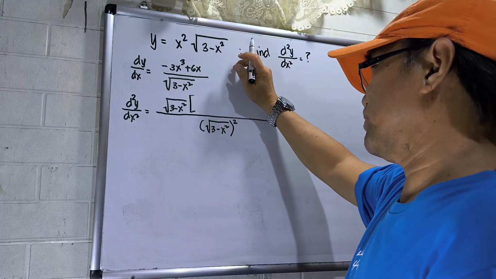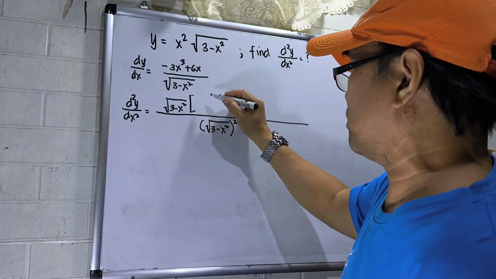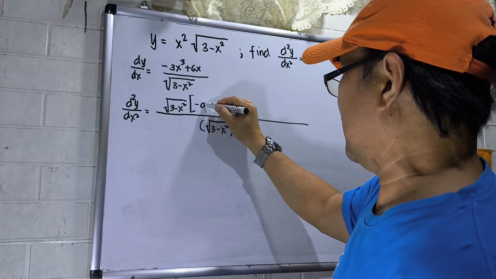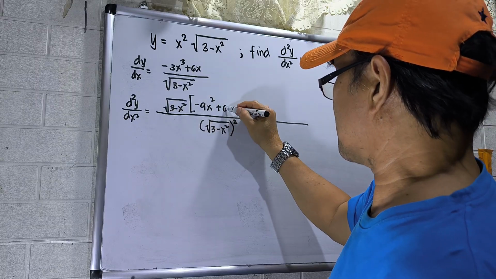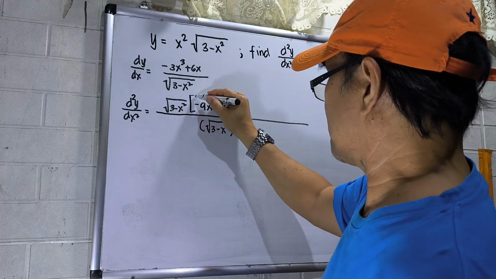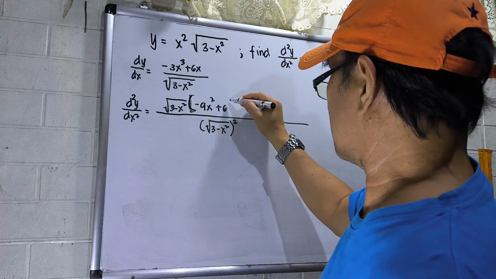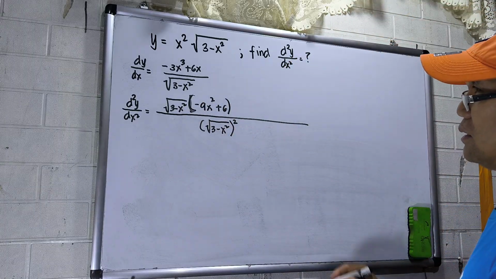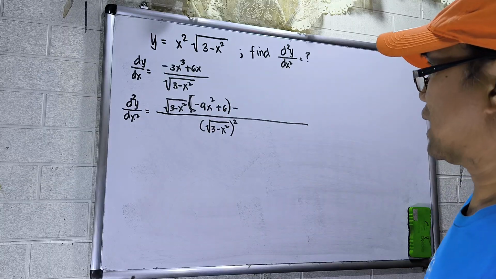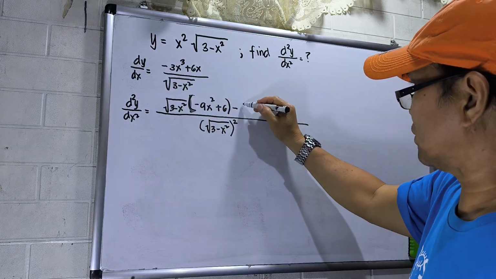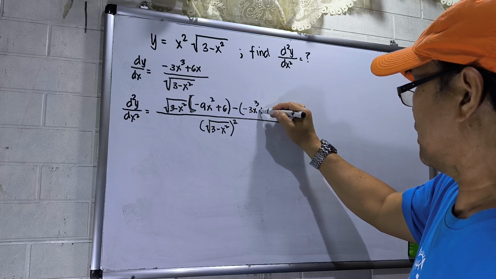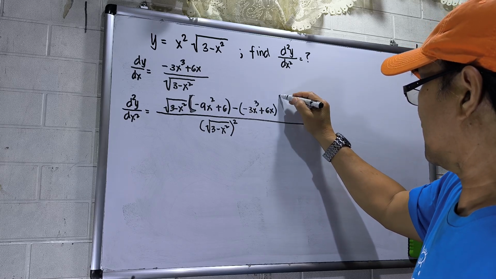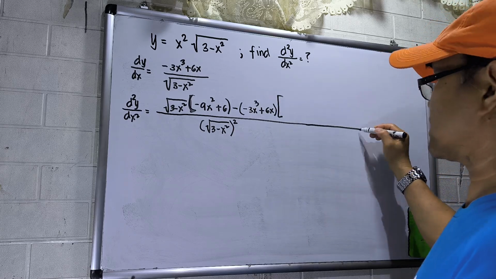So derivative of negative 3x cubed, that will be negative 9x squared. Then plus 6. I'll just write this one in circle brackets. Then minus. Copy the numerator, negative 3x cubed plus 6x. Then I will use square brackets.